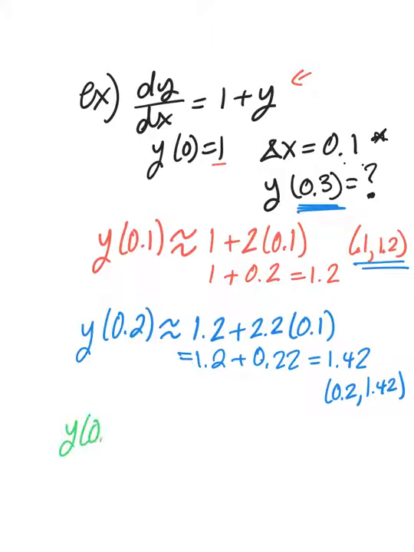So y of 0.3 is approximately, again, doing the tangent line, y1, but now I'm using my new point. So my new y is 1.42 plus m. Going back up here for my m, except what's my y again? 1.42.